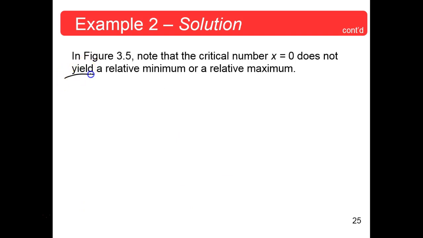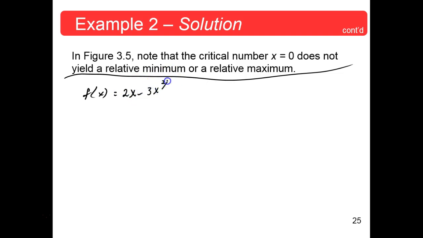Example 3. Find the extrema of f of x is equal to 2x minus 3x to the 2/3, one of my favorite functions of all time, on the interval -1 to 3.